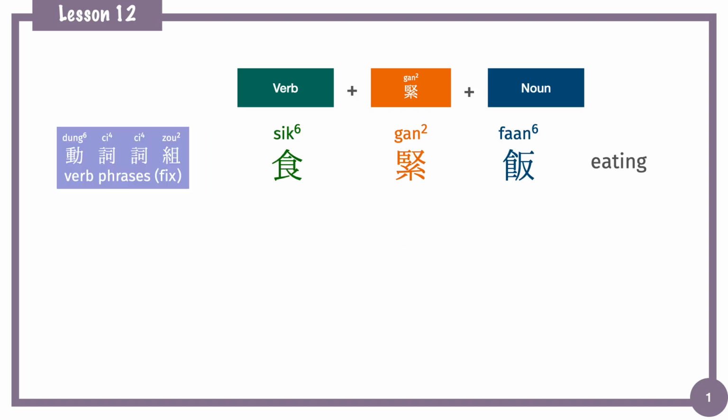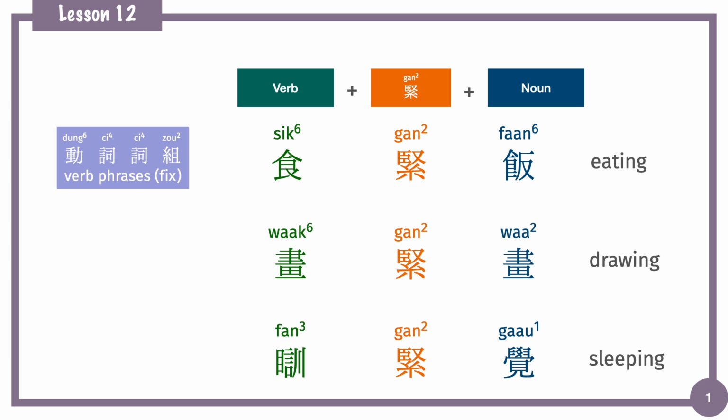Let's see more examples. 畫畫 means to draw, and the first word 畫 is the verb. The second word 畫 is a noun, meaning the picture or drawing. And then 畫畫 becoming drawing is 畫緊畫. And 瞓覺, we can change it to 瞓緊覺, sleeping.